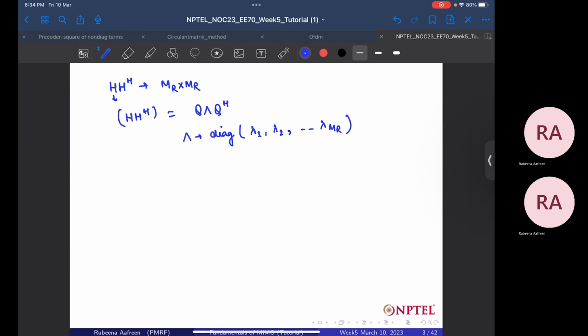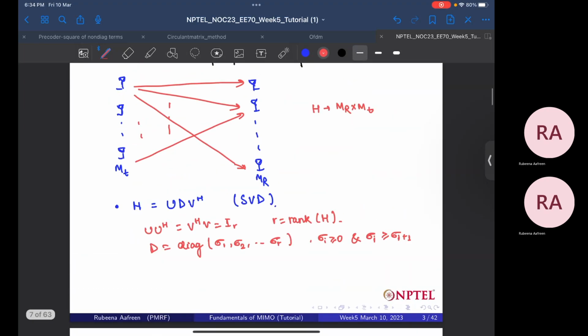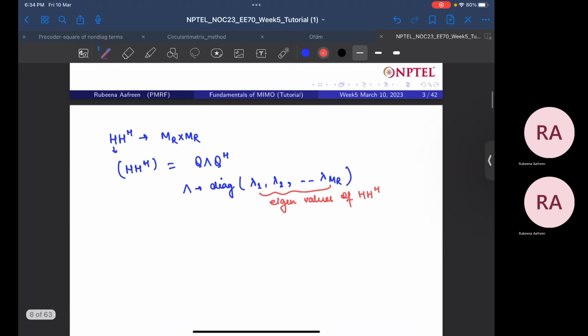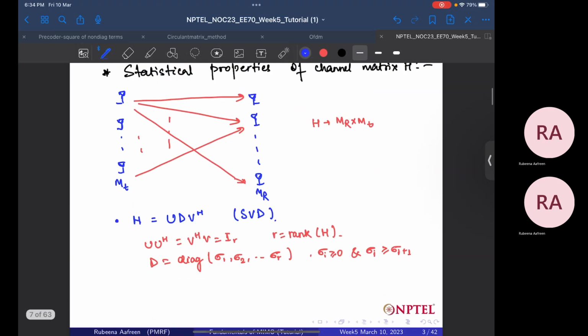So these are the eigenvalues of H H Hermitian. These eigenvalues of H H Hermitian are related to the singular values of the H matrix. Okay. So now we will see that each lambda i is equal to sigma i square. That means each eigenvalue is equal to sigma i square.